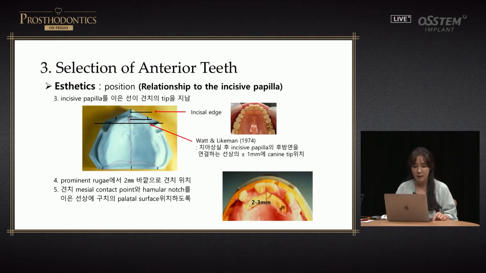Another checking point: the posterior teeth palatal surface should be positioned on the line connecting the canine mesial contact point and hamular notch.